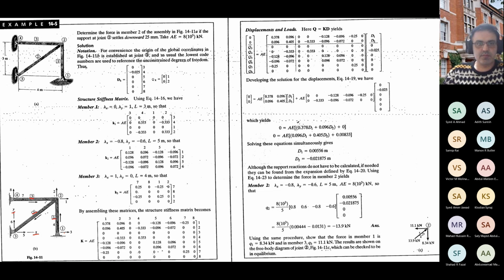Somehow this example is similar to the previous example because it has 8 degrees of freedom, but fewer elements. So more supports. So somehow you have less to do in terms of calculations.